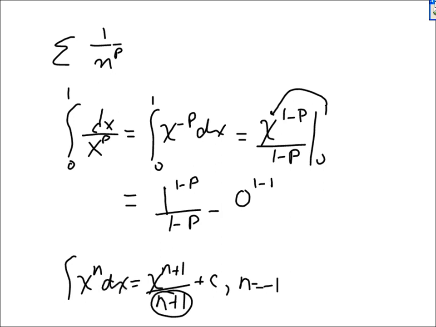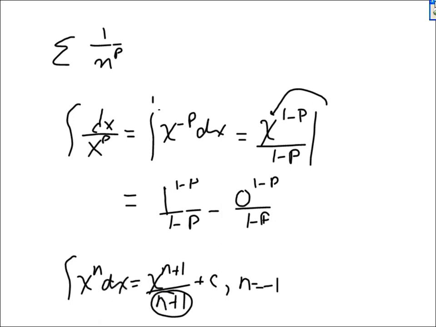Get 0 to the 1 minus p over 1 minus p. And of course now I see my big problem. I don't know why I'm going from 0 to 1, excuse me. I'm supposed to go from 1 to infinity.